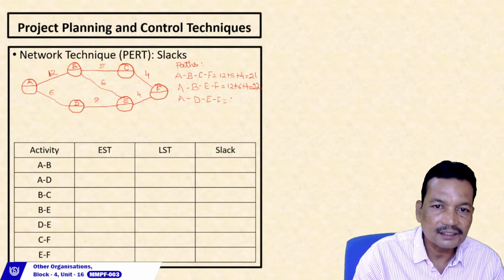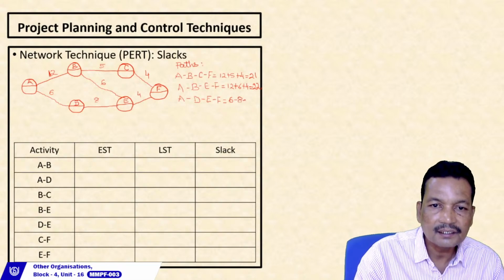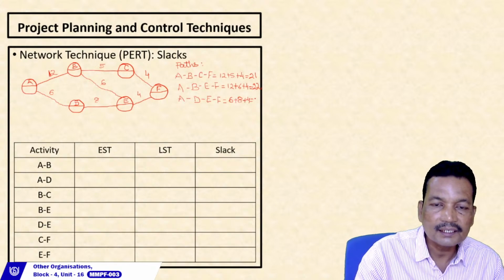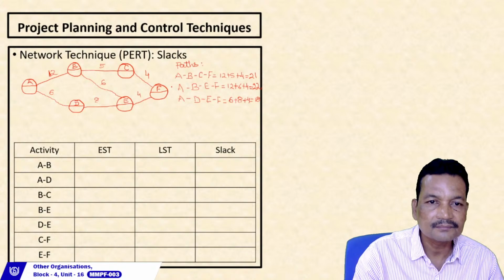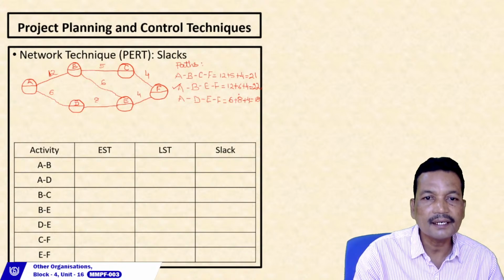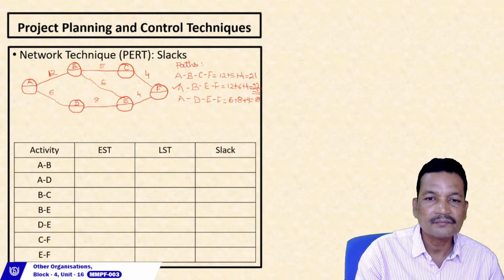ADEF, it is 6, 8, 4, that is 18 months. Now, out of these three paths, path ABEF is having the longest duration.